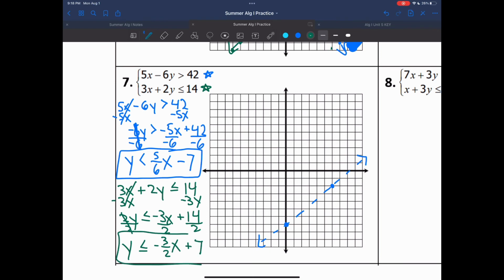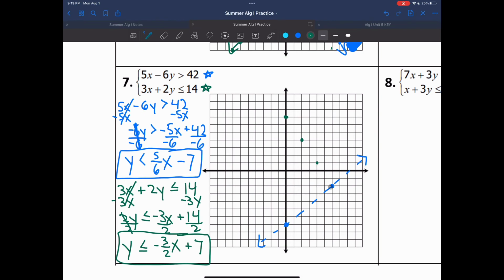Okay, let's go ahead and graph our second inequality. So we're going to go up 7: 1, 2, 3, 4, 5, 6, 7. Make a point. Negative 3 over 2, so I go down 3 and to the right 2. Down 3, right 2. Down 3, right 2.